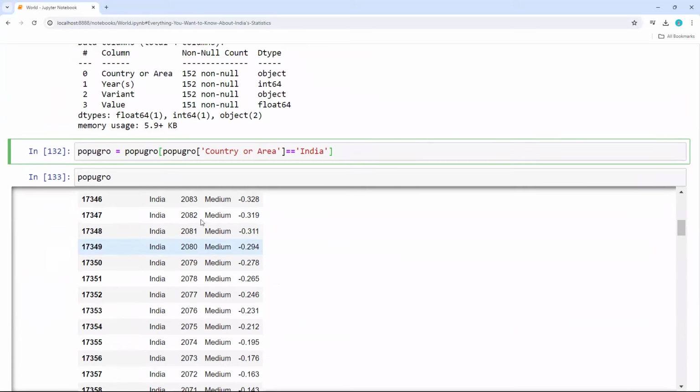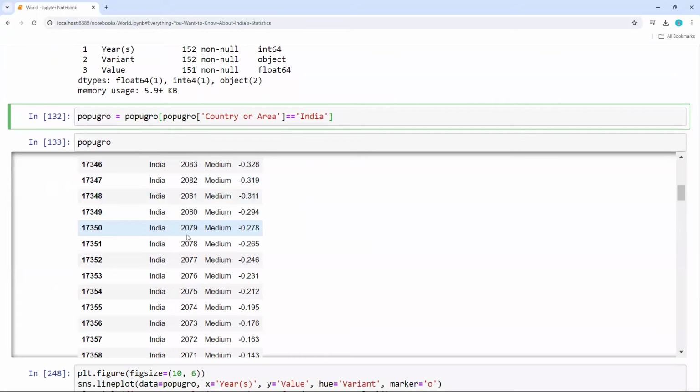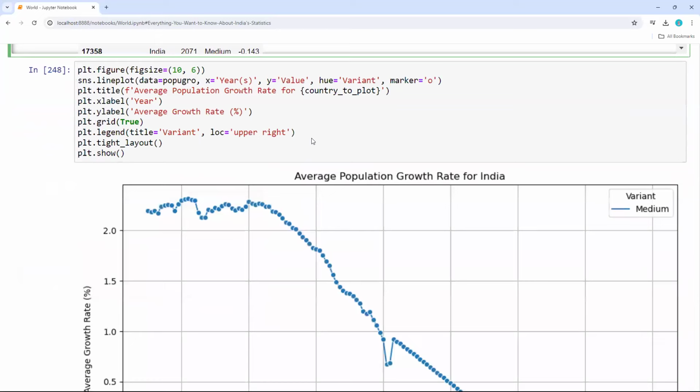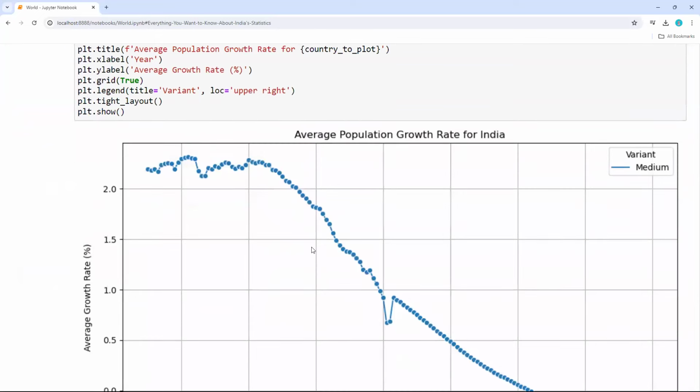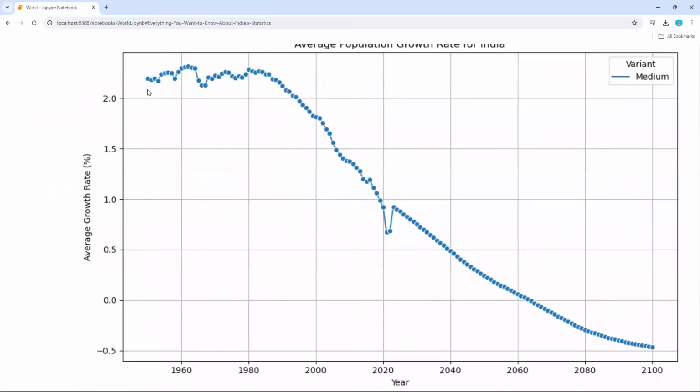We also have the future predicted data. That is what I represented in a graph: in 1960, the population growth is very high, more than 2% every year, 2% to 2.5%, and then it decreased, until around 2000 or 1995, something like that.